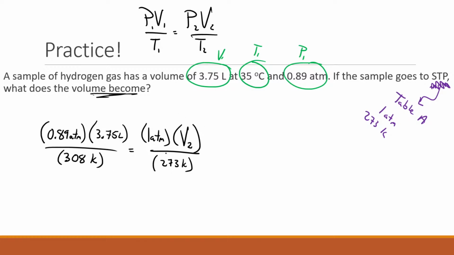We're going to multiply both sides by 273 Kelvin, and that's going to cancel it out. We're going to divide both sides by 1 atmosphere to cancel this out. We're going to get V2 alone equal to this. We're going to plug this into our calculator carefully, and we're going to get 2.96 liters. Liters again because our Kelvin are going to cancel out, and our atmospheres are going to cancel out.